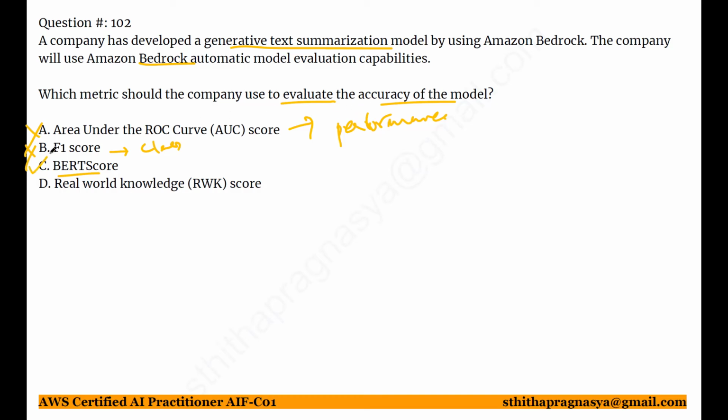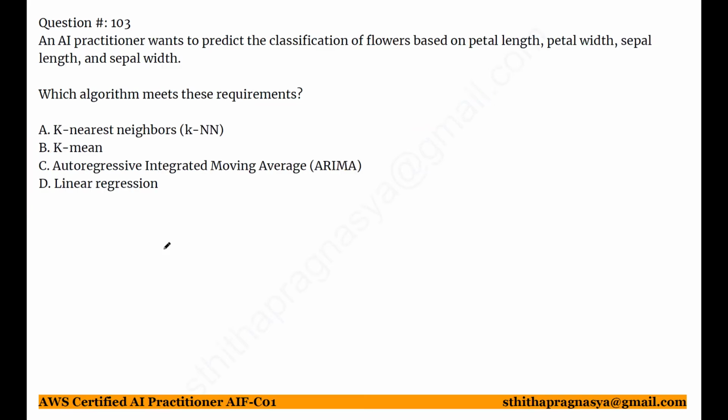So this is the right metric, as it evaluates semantic accuracy and relevance in text generation effectively. And real world knowledge score does not exist as a standard metric for text summarization. This option seems hypothetical or unrelated to evaluating text summarization models. So this is not correct. It is not a recognized metric as far as I know. So what is the right answer? BERT score.